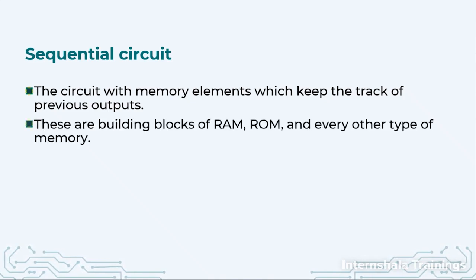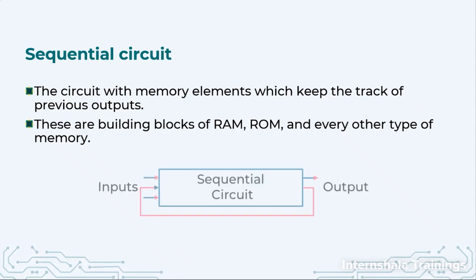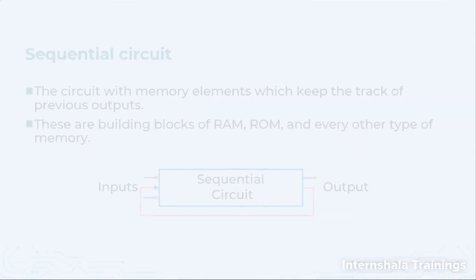These are the building blocks for any memory like random access memory, read-only memory, or we have different other memories in our system. So here the main concept is the concept of feedback. So we are going to take a portion of the output or the complete output as it is back to the input, and then in the next output calculation that value will be used.